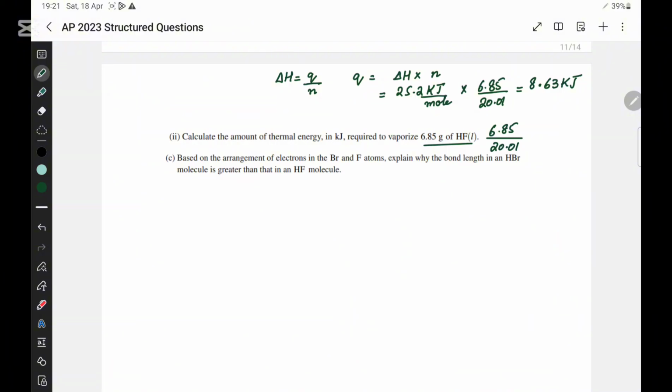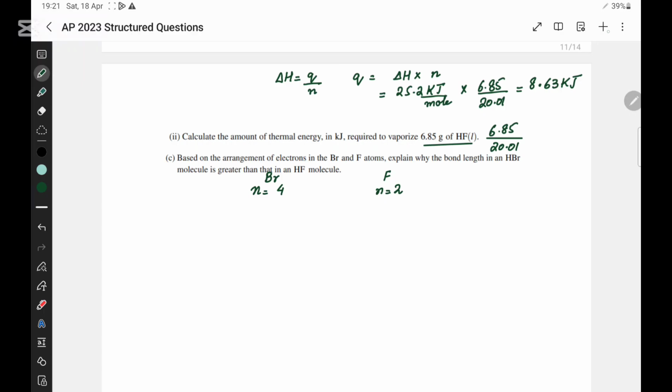You are going to see one thing, that bromine has 4 shells, while fluorine has 2 shells. The extra electron shells in bromine increase the distance between the hydrogen and bromine nuclei, giving HBr the greater bond length.